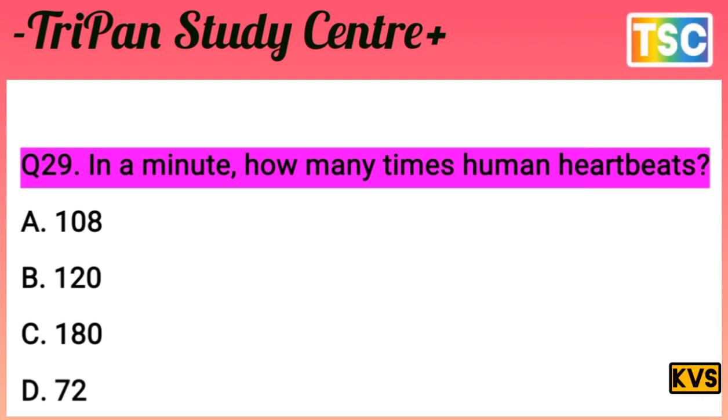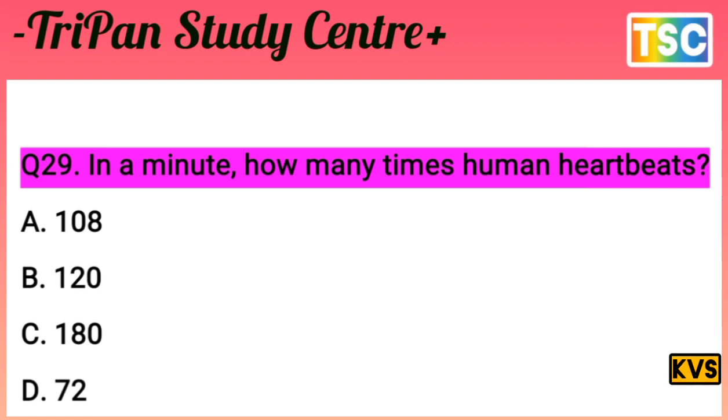That's important here. But you know that a normal resting heart rate for an adult human is 60 to 100 beats per minute. When the heart rate is higher than 100 BPM at rest, it is called tachycardia.